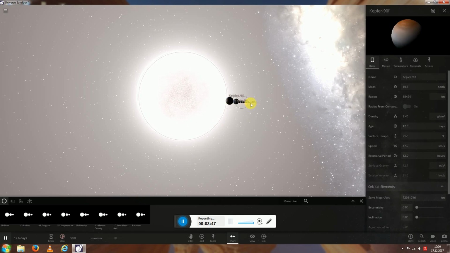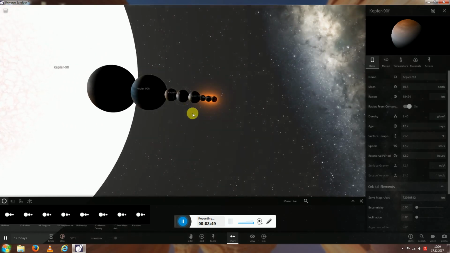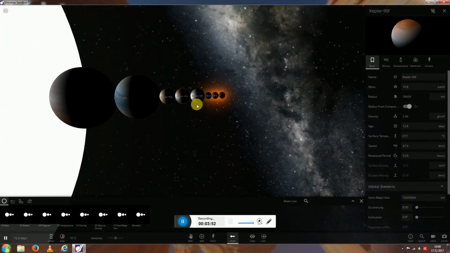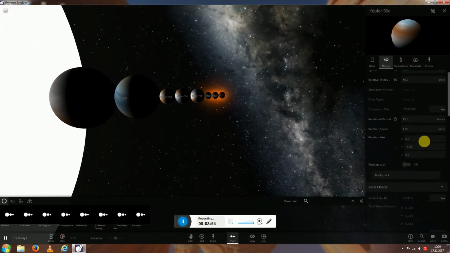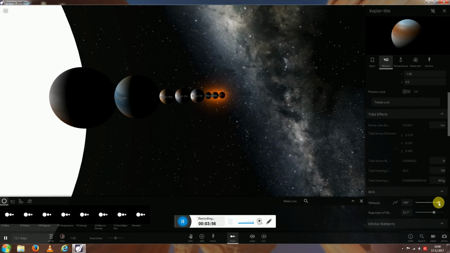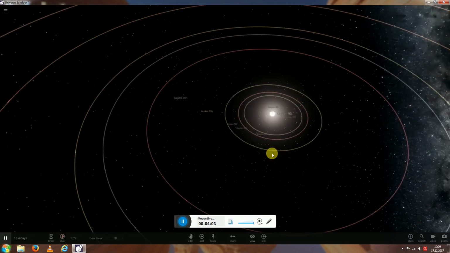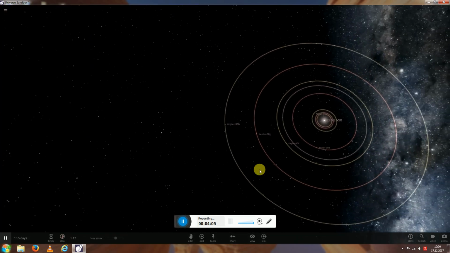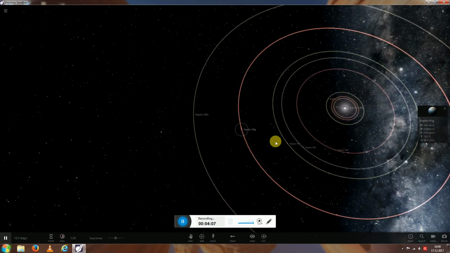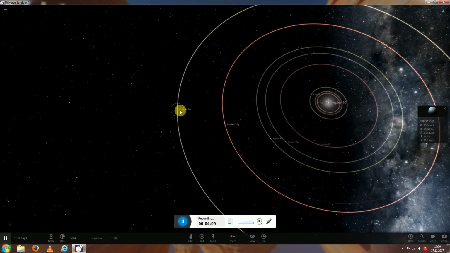Now, with the planets themselves, we are not quite sure on their exact masses, except for the 2 outer planets, Kepler 90G and Kepler 90H.